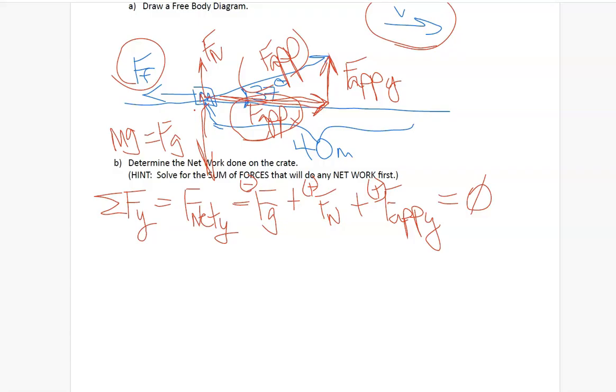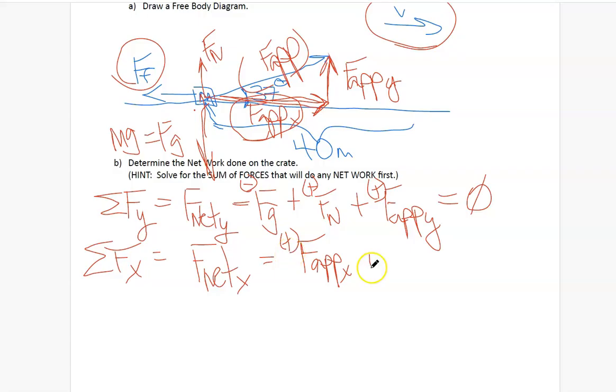But we do have to consider all the horizontal forces. The horizontal forces are the frictional force. Well, let me write. So we have horizontal forces, the sum of the horizontal forces, the net force in the horizontal direction, is equal to the applied force in the horizontal direction, which is in the positive direction, plus the frictional force, which is in the negative direction.